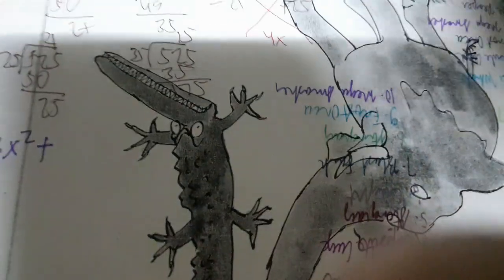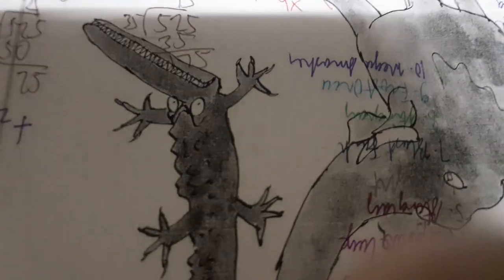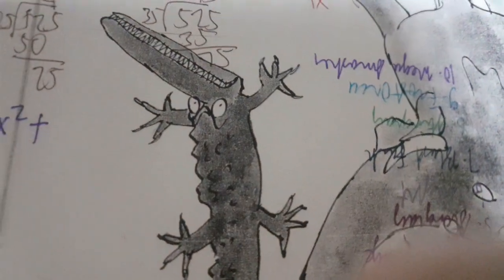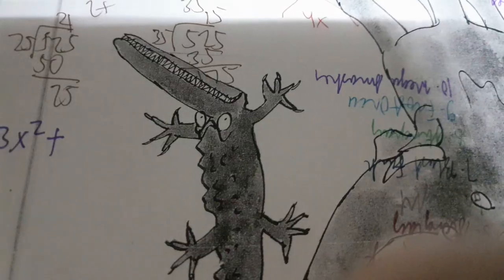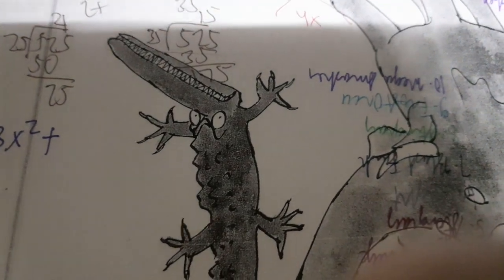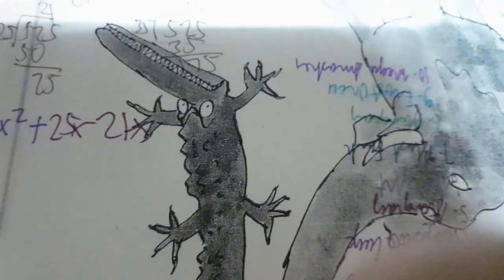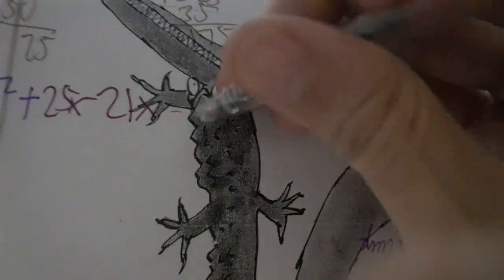Remember, it goes like this. You have 3x squared plus, on the left side we have positive 25x minus 21x minus 175.